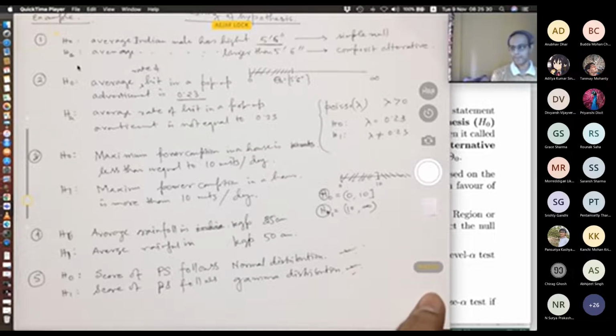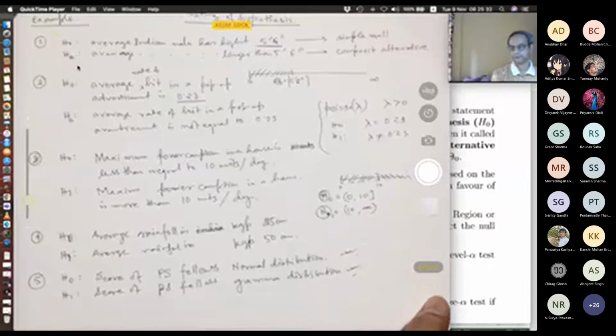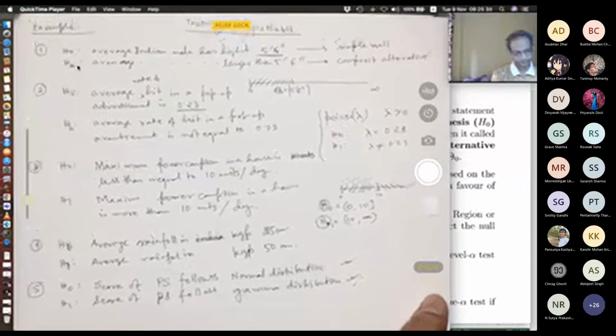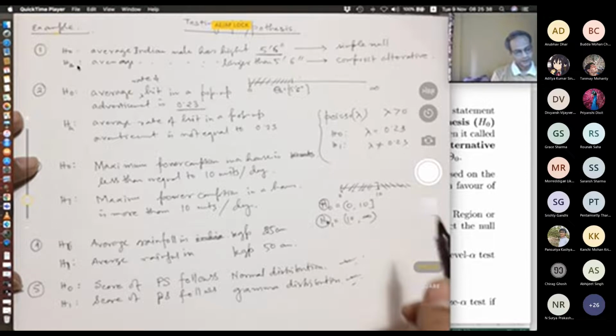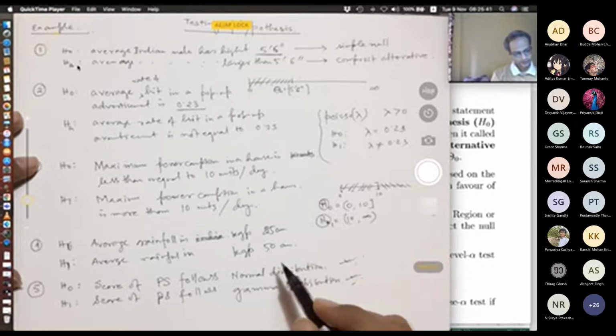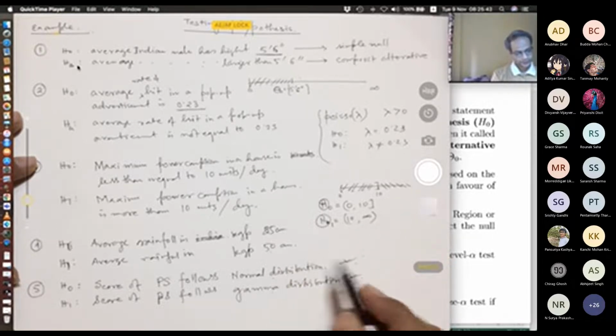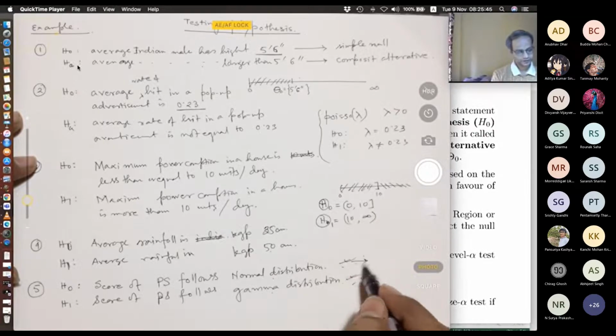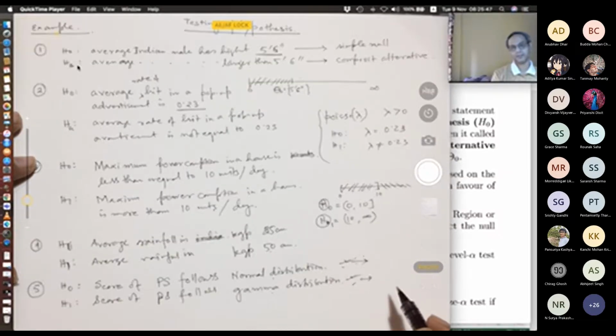Okay, any query? Sir, how will you classify whether it is simple or composite? The last example? Here both are composite because I am not specifying the parameter.